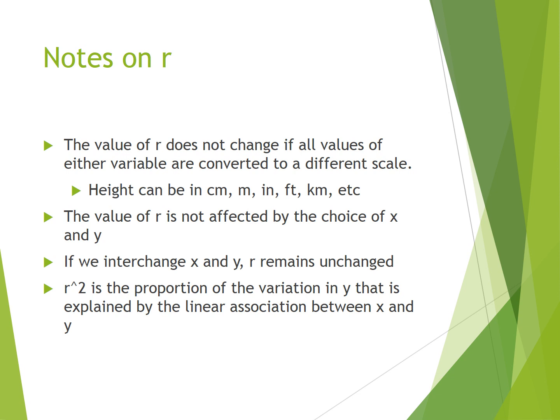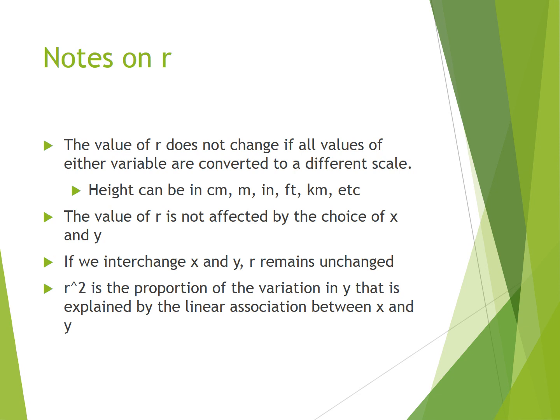R is 0.7, positive 0.7, which is a moderate, almost strong linear relationship, which means, since it's positive, that as the number of beers that we drink goes up, our blood alcohol level is going up. That makes sense to all of you, right? Now, R squared means we take 0.7 and square it. If we take 0.7 and square it, we get 0.49.